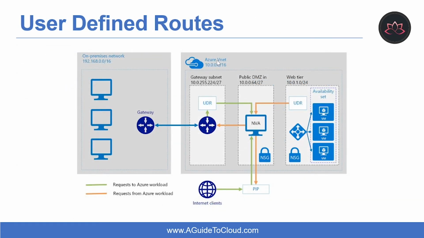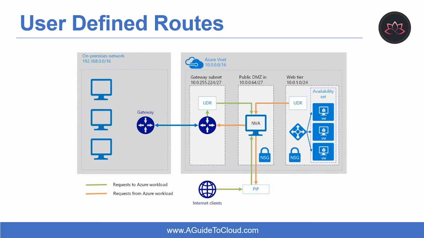So, what are user defined routes? A user defined route, or UDR, is a custom route in Azure that overrides Azure default system routes or adds a route to a subnet's route table. In Azure, you create a route table and then associate that route table with zero or more virtual network subnets.